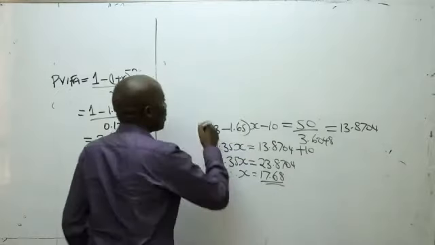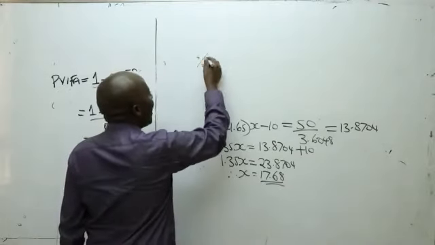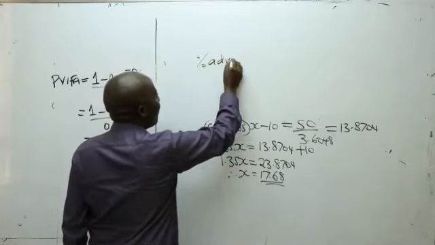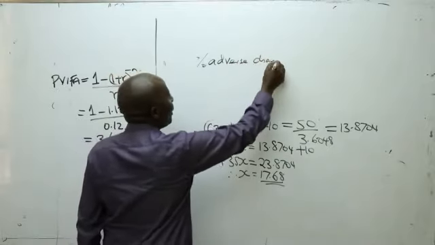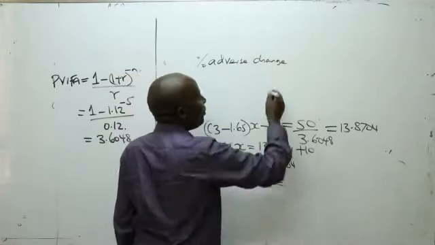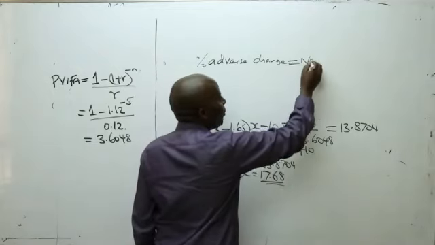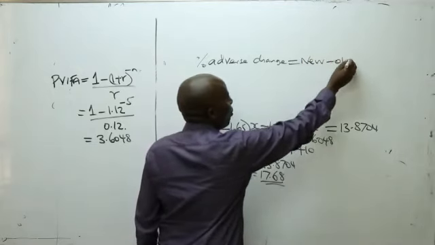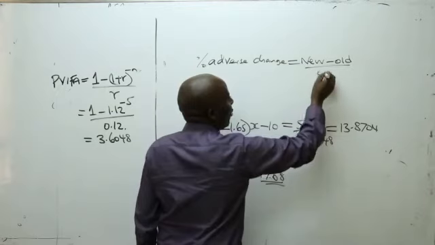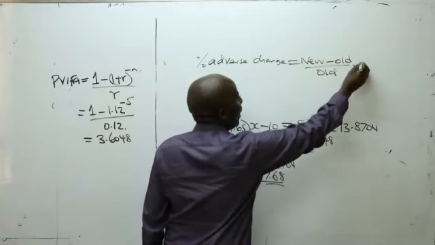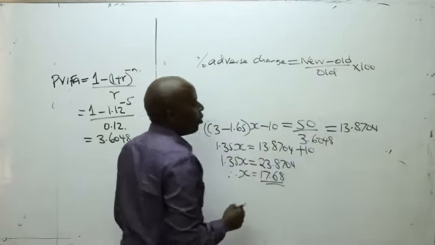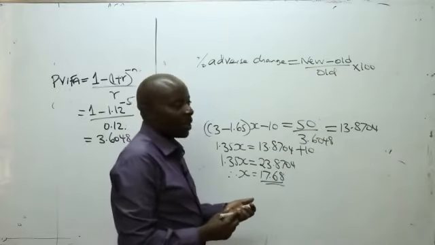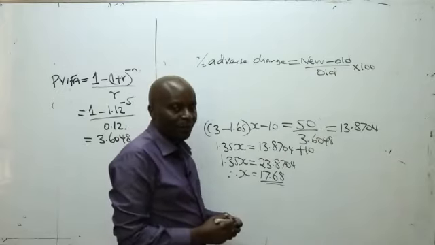Percentage adverse change will be equal to new minus old, divided by old, times 100.